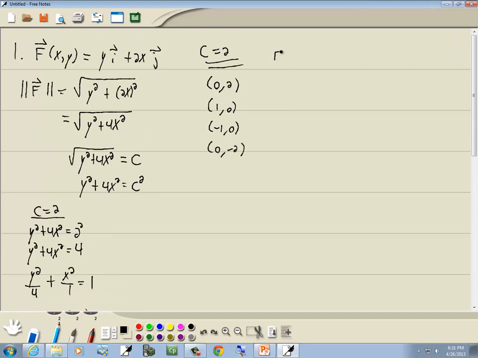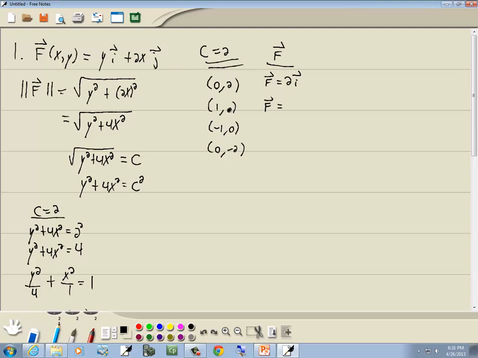Well, if we were to find f for these, this is x and this is y, of course, so we'll plug these in. For this one, if I put 2 in for y, I get 2i. If I put 0 in for x, I get 2 times 0, 0 times j drops away.